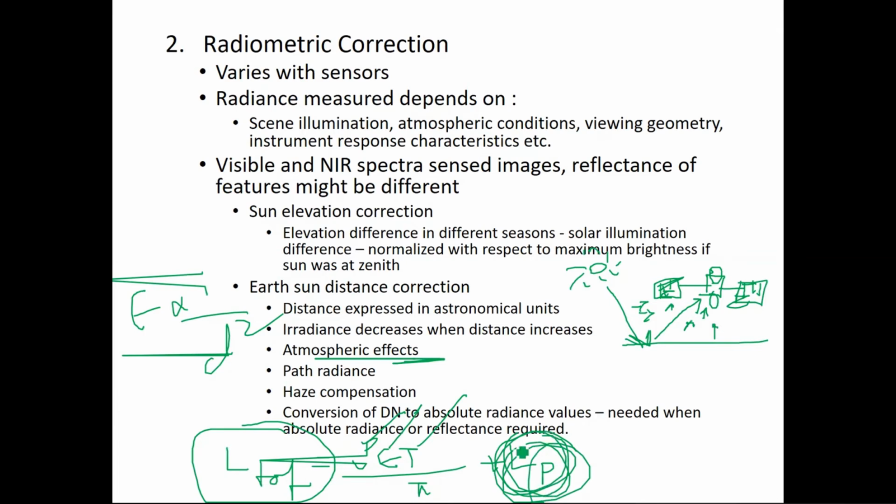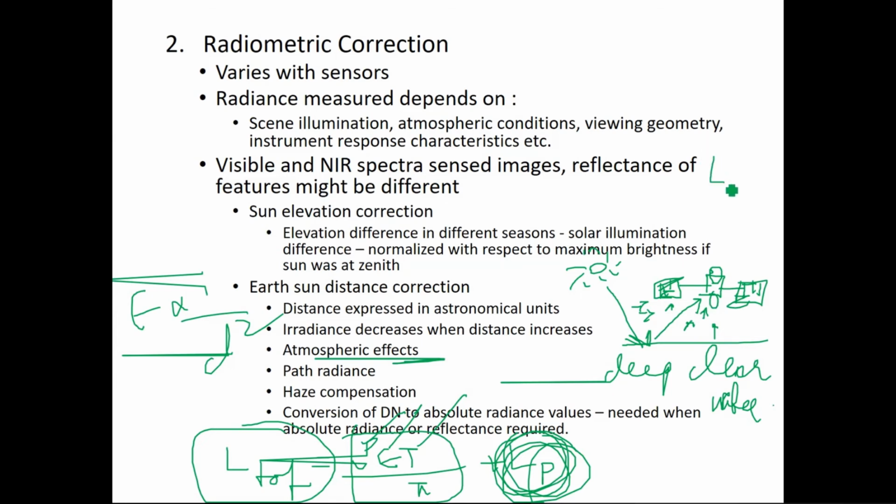Right? So if you are looking at deep clear water, if this feature is deep clear water, then the reflectance is zero here, right? This function will be zero. Rho E T by pi will be zero. So whatever is sensed, if the satellite is observing a deep clear water feature, whatever irradiance is measured here will be what?